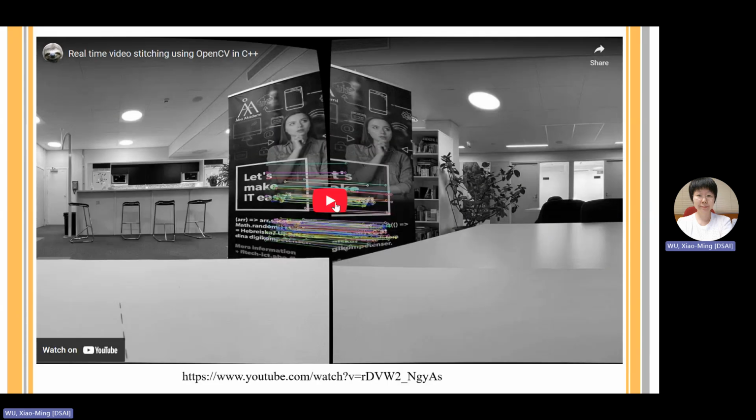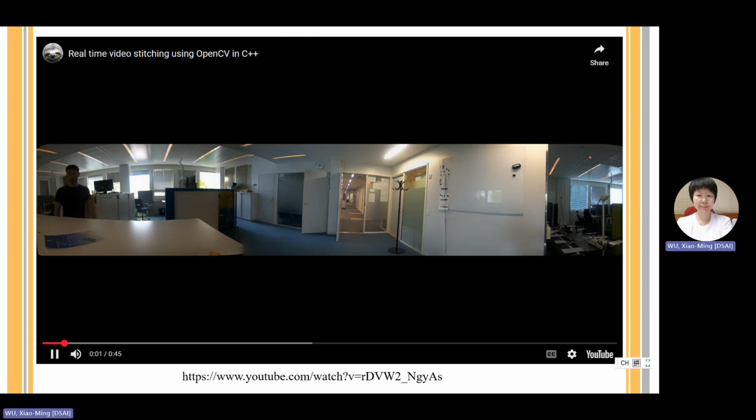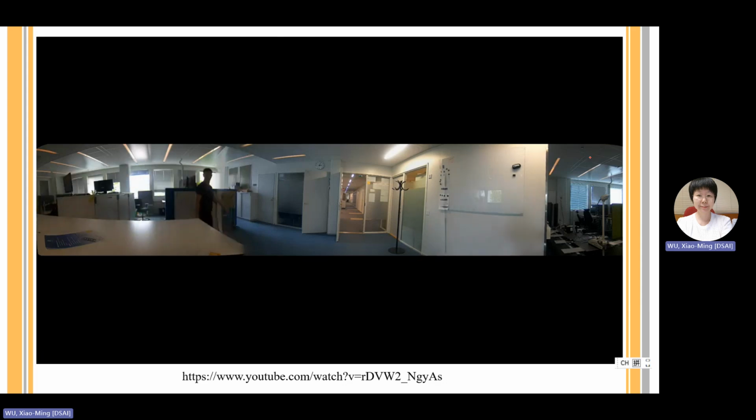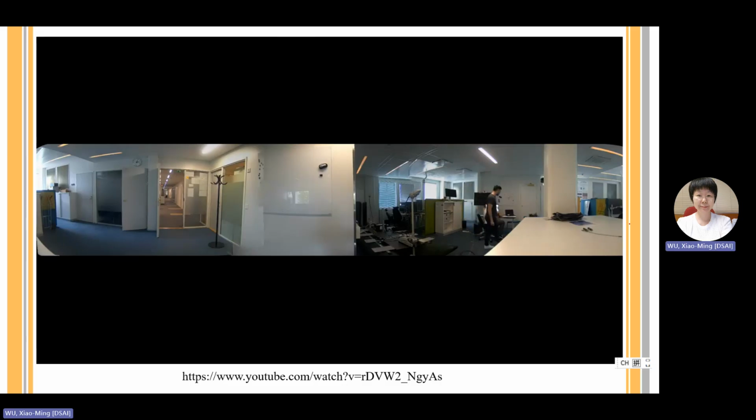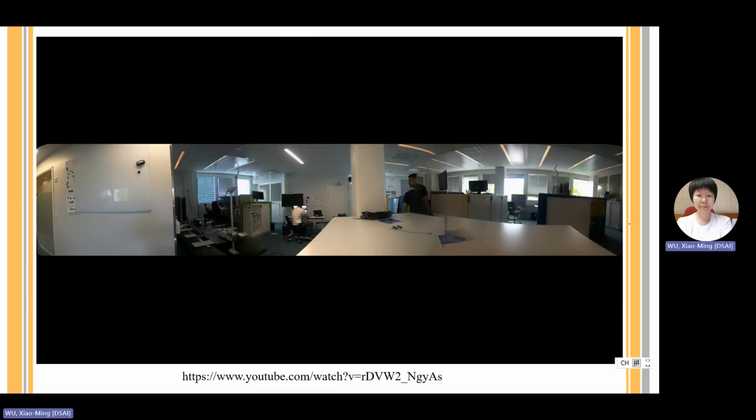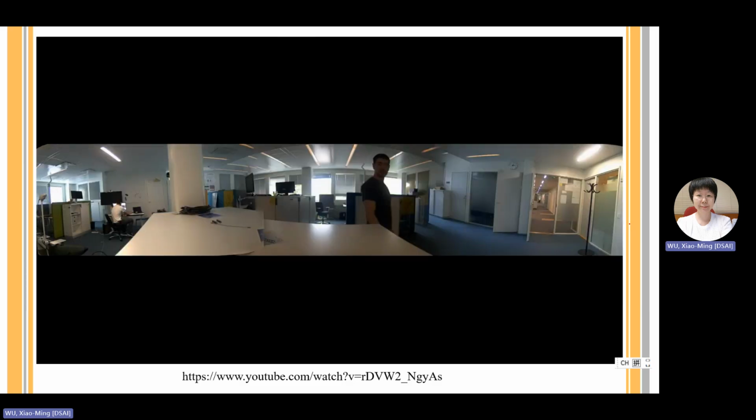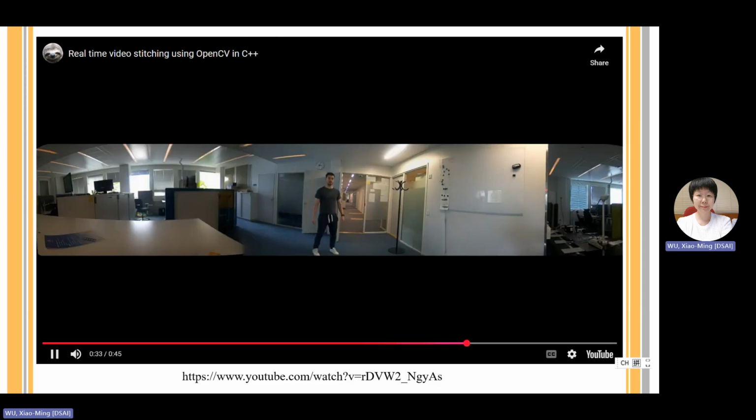Another example is real-time video stitching. You can see the man appear in different video frames.